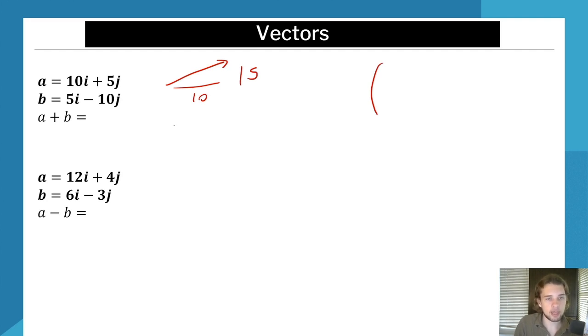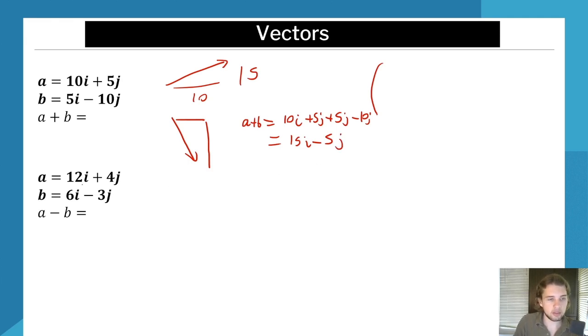So we could represent this as a line going down here, where it goes 5i across and then 10j down. So A plus B is equal to simply all of the components added together. We can make this very easy on ourselves if we're using component form. Polar form would be a lot more difficult to recognize how to find a solution. So that's 15i minus 5j, and that's our answer.